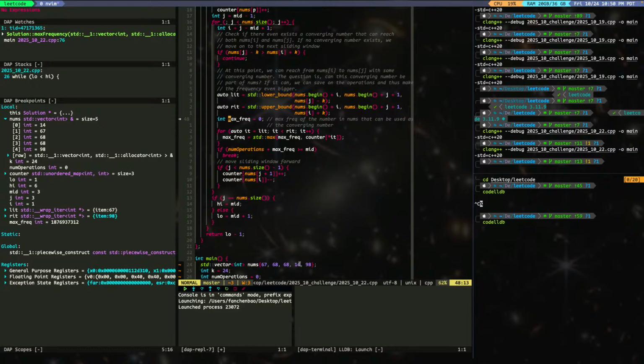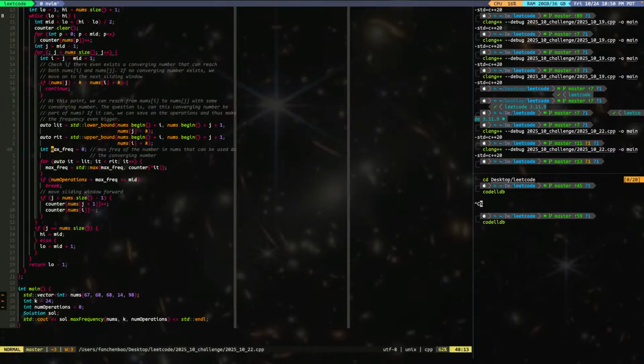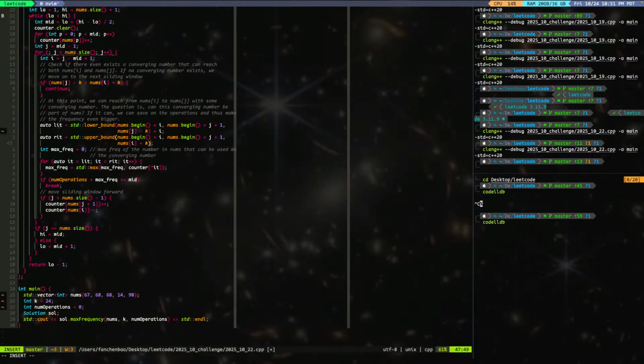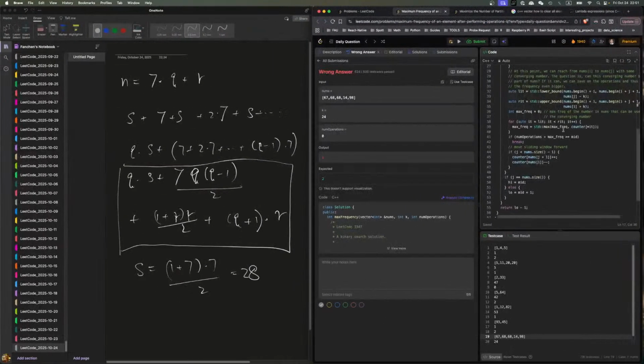And we're doing nums begin plus, it should be this plus, if we start from here. Oh, maybe that is a subtle bug. We need a plus I. Maybe that is a subtle bug.